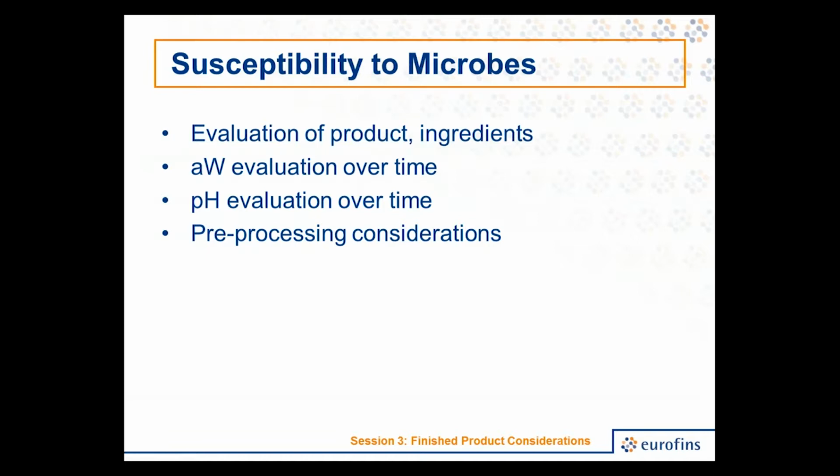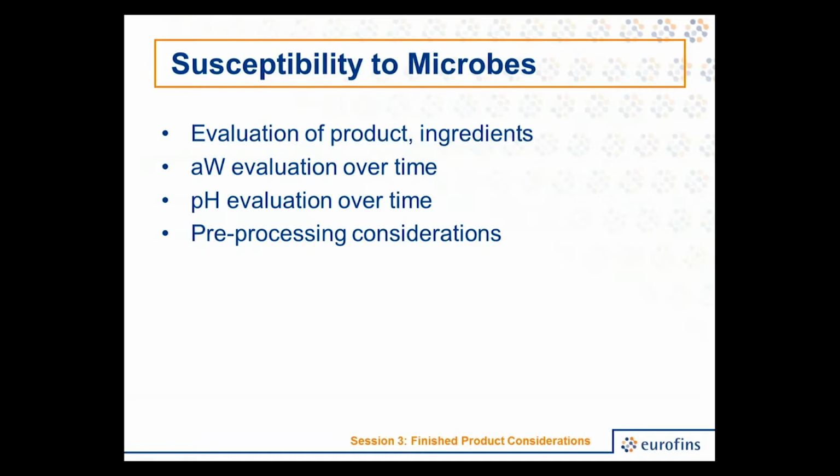So it is a key thing to note over the life of a product. To determine many of those, water activity is an important aspect to maintain. It's the water readily available to the microbes that could stimulate growth, as well as the pH evaluation, another key factor that could stimulate or hinder growth of microbes.